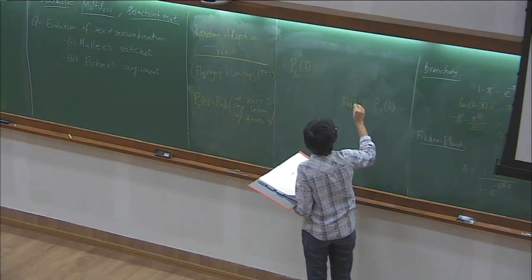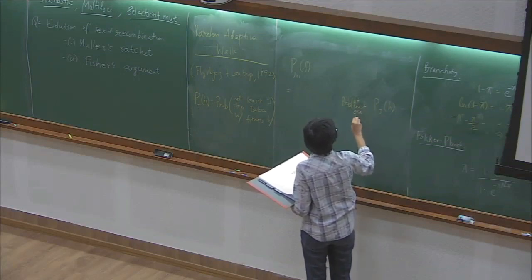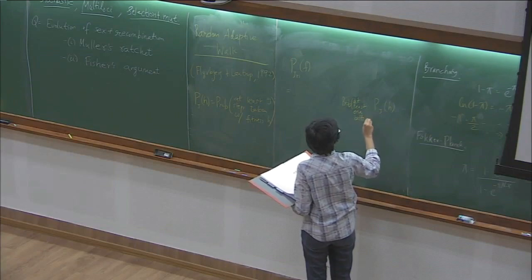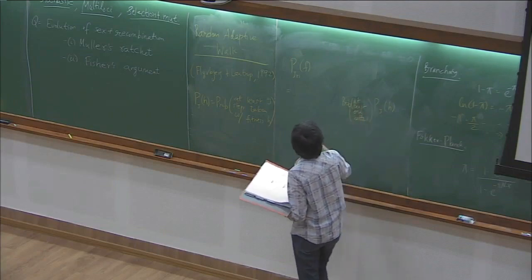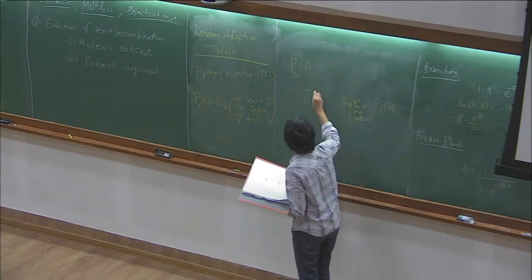It's just saying, start with this, you have better ones, and then you make a transition. In this case, the transition probability for random adaptive walk is pretty simple. It's just equally likely.